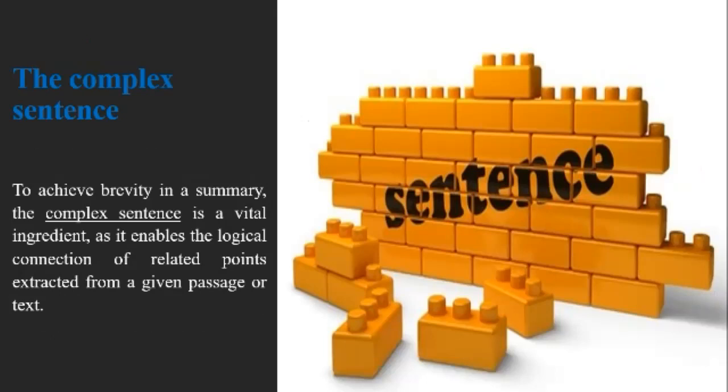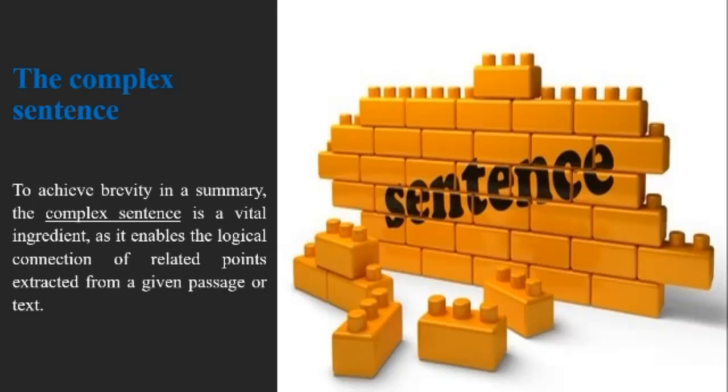Because one of the objectives of a summary task is to express relevant points in the shortest way possible. So brevity is a vital part of a summary. And for you to be brief, you need a complex sentence. I tell my students that there are only two sentence types that they require in a summary.